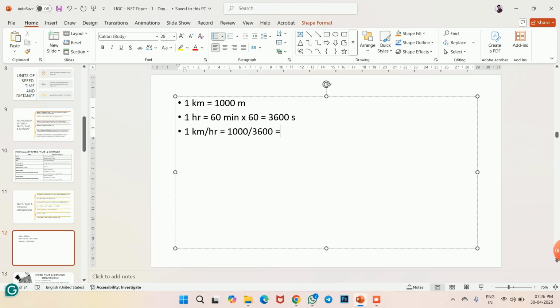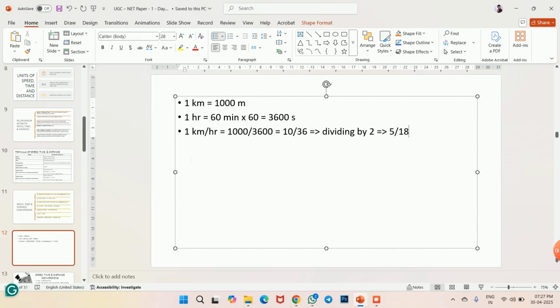So here 1000 by 3600, the zeros cancel, that would be 10/36. Now dividing by 2, we get 5/18.